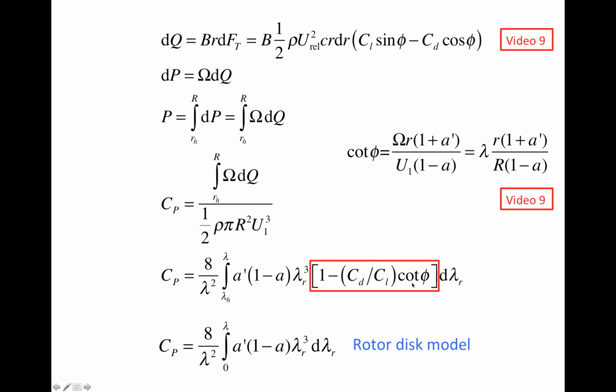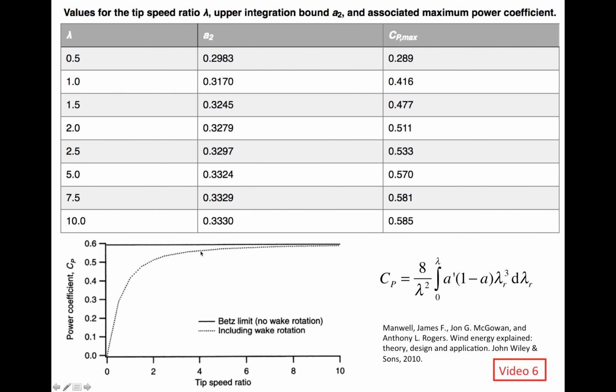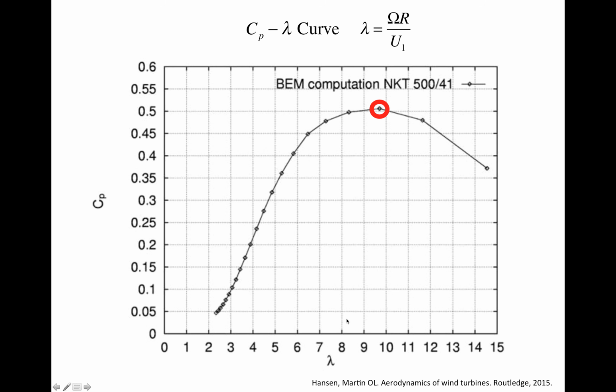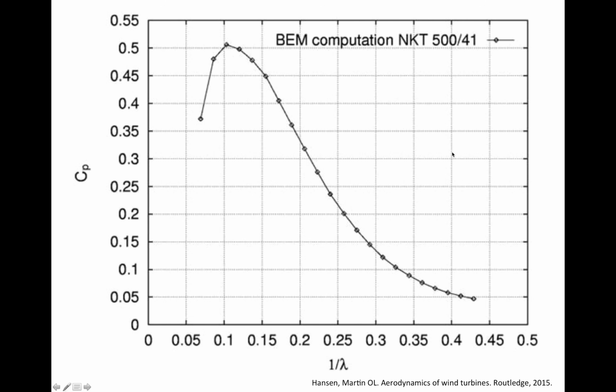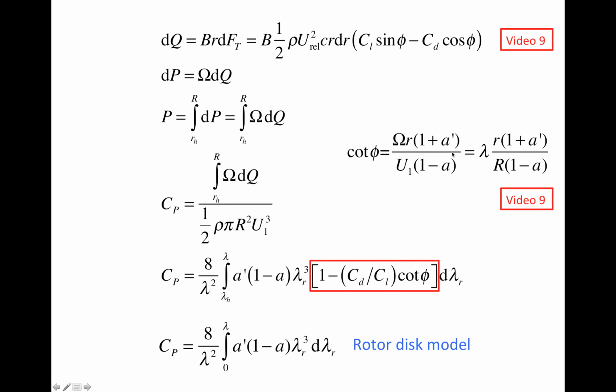So here you don't have the drop, but here, using the BEM theory, you have a drop. This drop is essentially caused by the aerodynamic nature of the wind turbine blades, and it is encapsulated in this particular term, which includes both the drag and lift coefficients and also the cotangent of the angle of the relative wind.